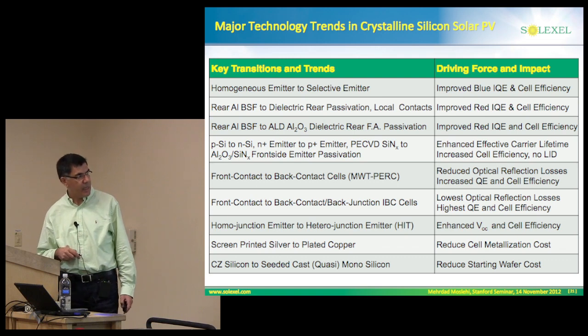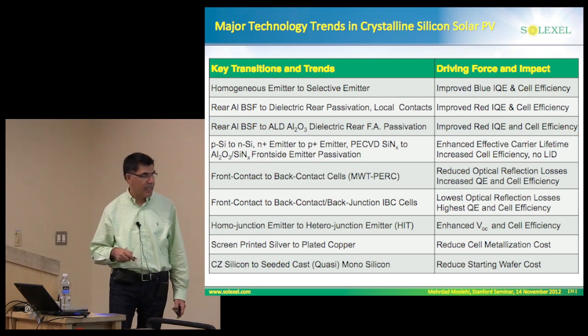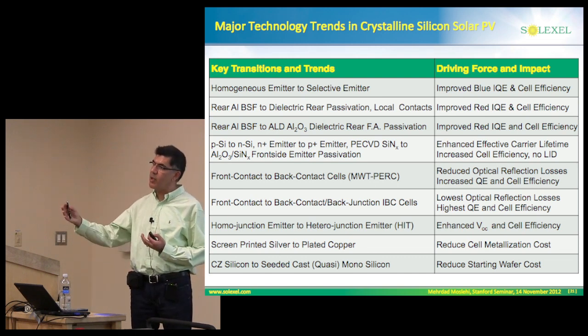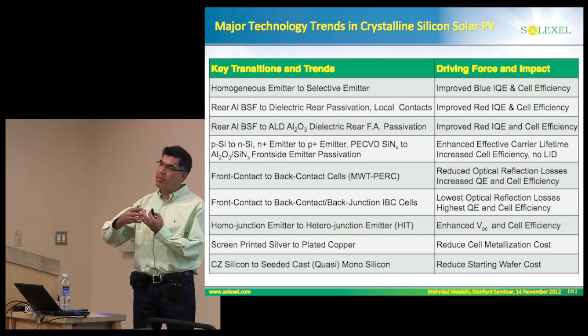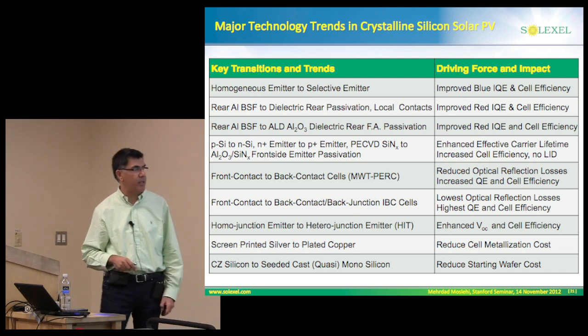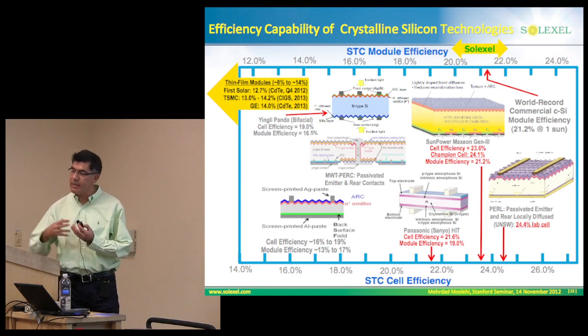There is also a lot of interest in replacing screen-printed silver with copper plating to reduce the cost. And then also going from cast multi silicon to seeded cast mono, so that you can get near mono efficiency performance at a lower starting wafer cost.